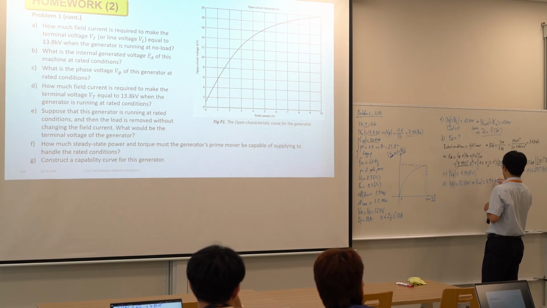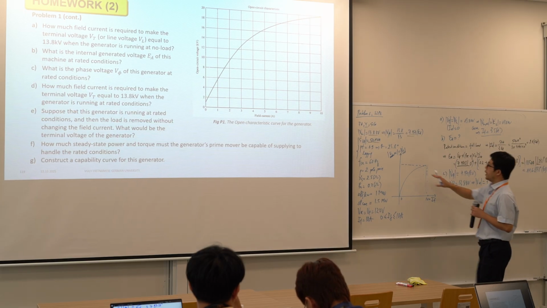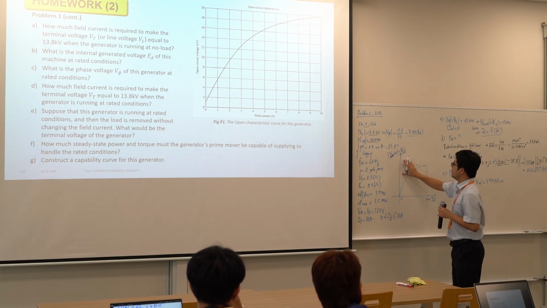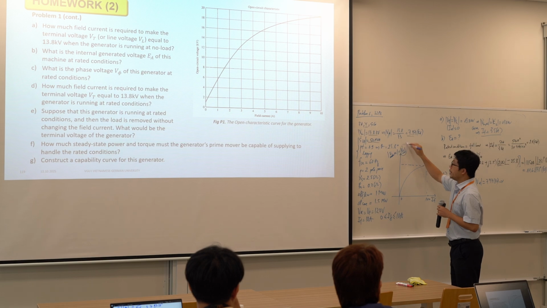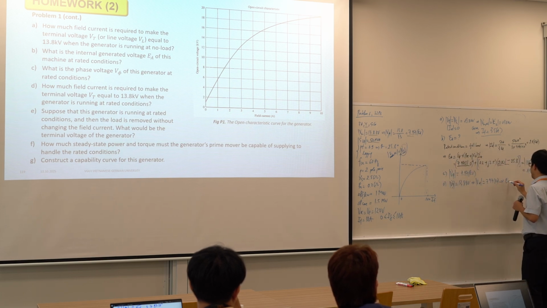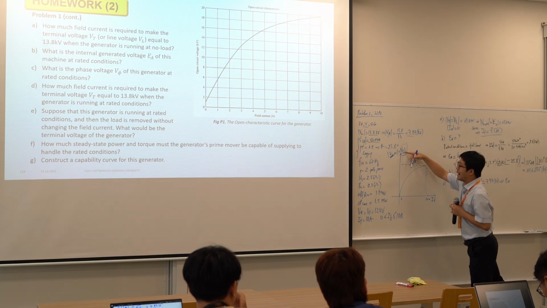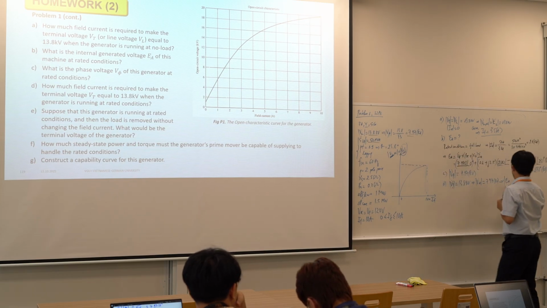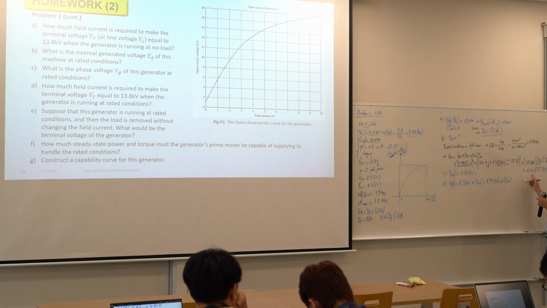7.97 kV. And if we would like to use this curve, you need to calculate EL, right? Remember EA is the internal phase voltage, but this curve is line voltage. So EA we already calculated from here, 11.6 kV, this is the magnitude, so we ignore the phase angle.